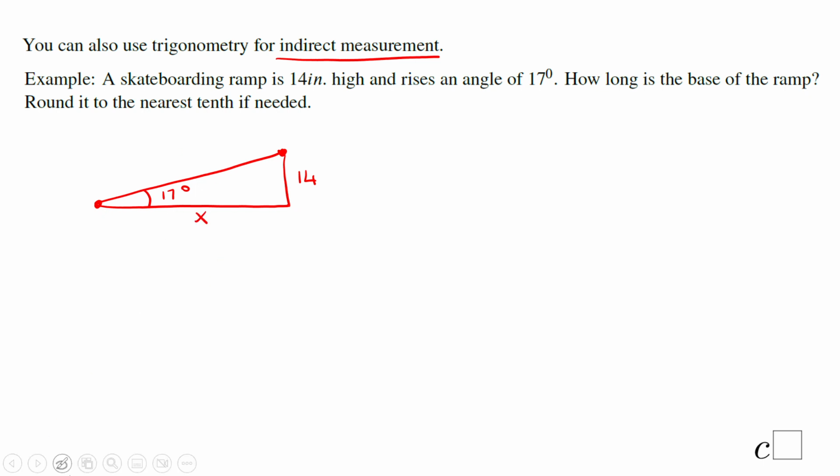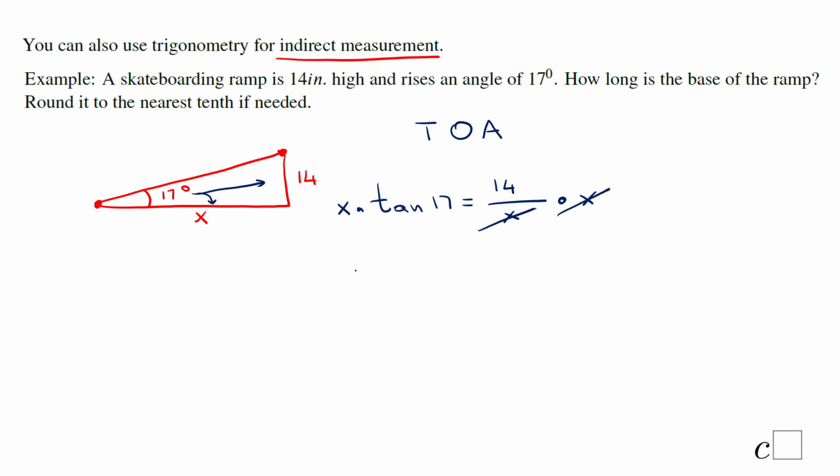So now we look into this picture I have. We notice the angle. We have the opposite leg, and we're looking for the adjacent leg. Opposite leg, adjacent leg, that will be tangent. So we have tangent of 17 equals 14 over x. I'm going to multiply by x here, and I have x tangent of 17 equals 14.